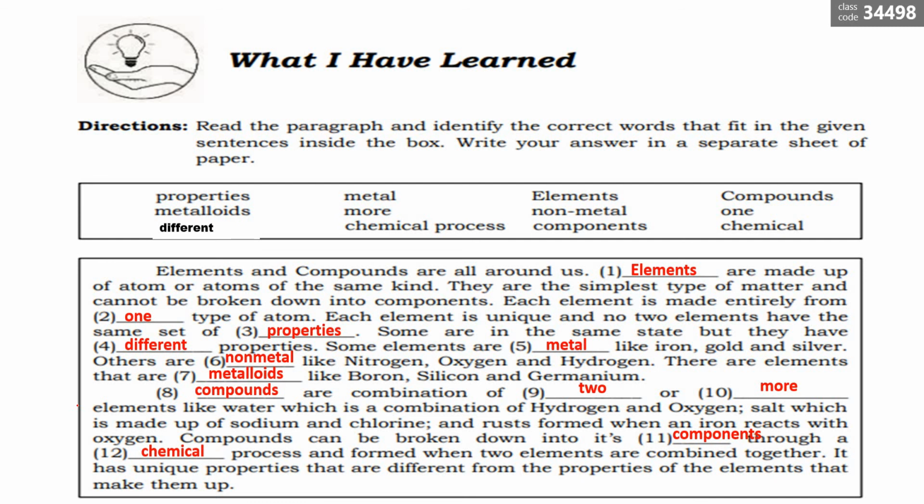Rust is formed when iron reacts with oxygen. Compounds can be broken down into its components through the so-called chemical process, and are formed when two elements are combined together. It has unique properties that are different from the properties of the elements that make them up. Okay, very clear.